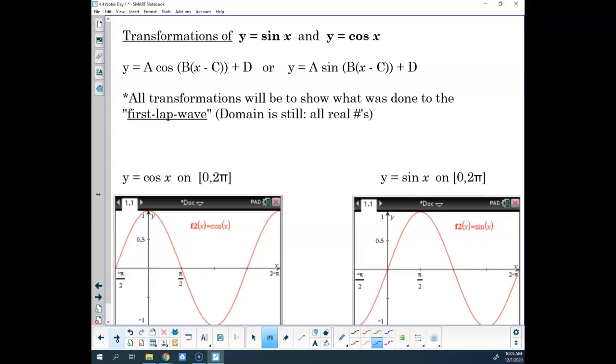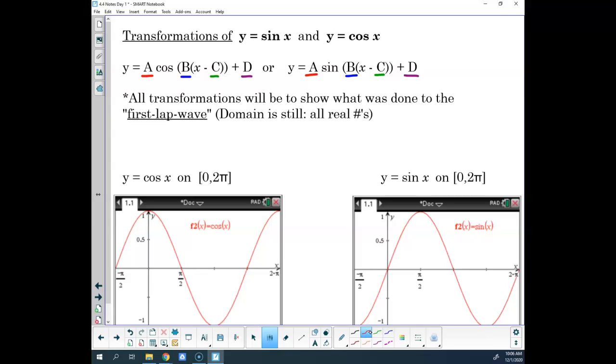So we've got these different values. We've got A values, which we'll focus on today. We've got B values, which we'll focus on tomorrow. C values, which we'll also get to tomorrow. And we've got D values, which we'll get to on Thursday. We are only going to ask you to do one wave.